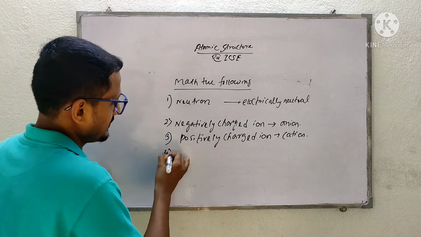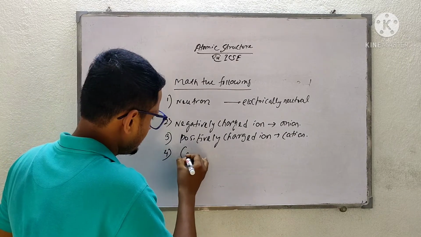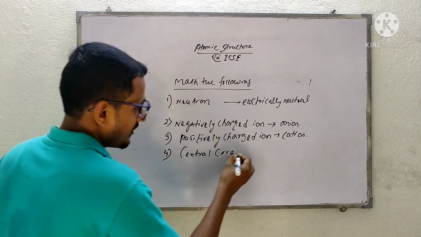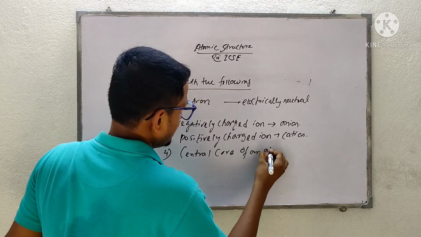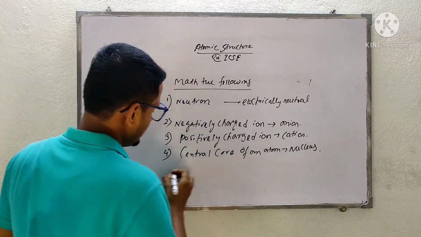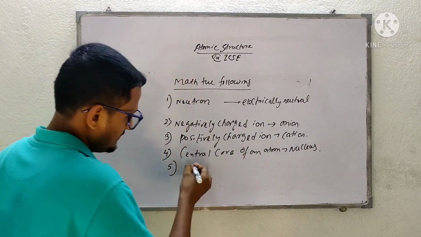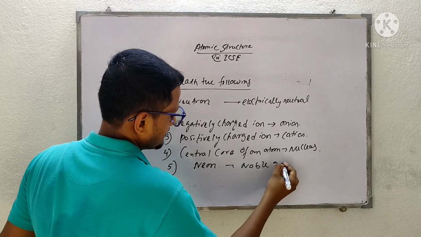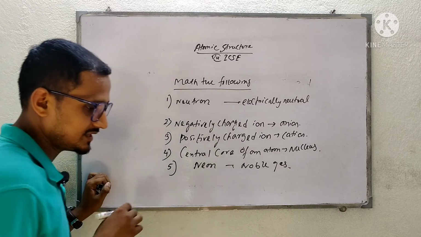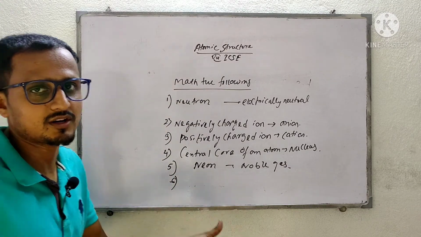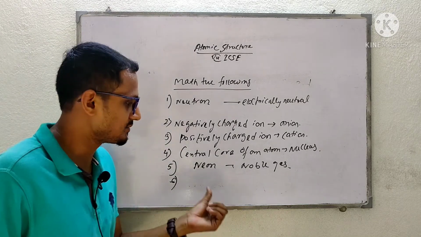Number 4, central core of an atom, it should be nucleus. Number 5, neon is a noble gas. It is present in group number 18 in the modern periodic table.